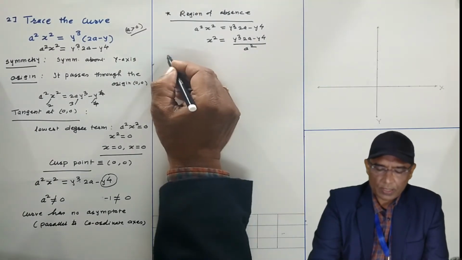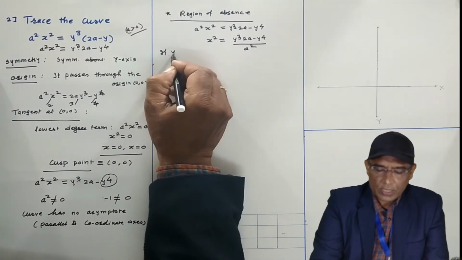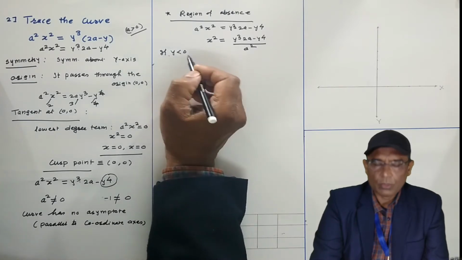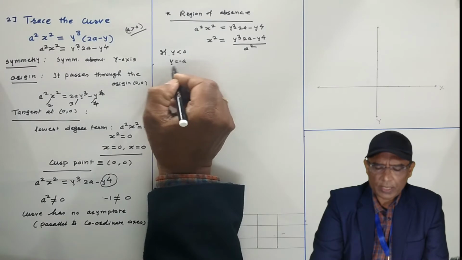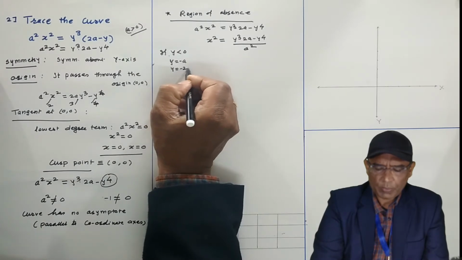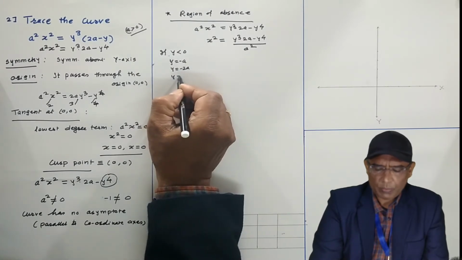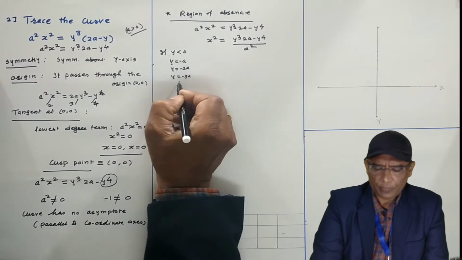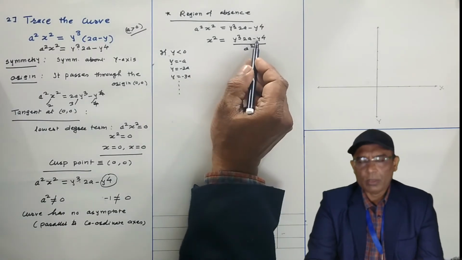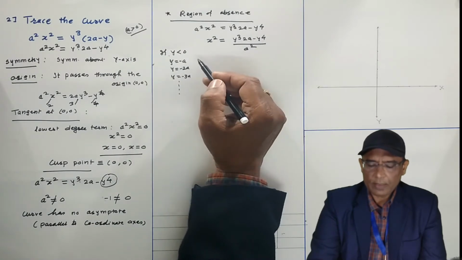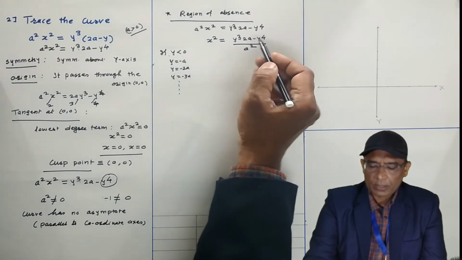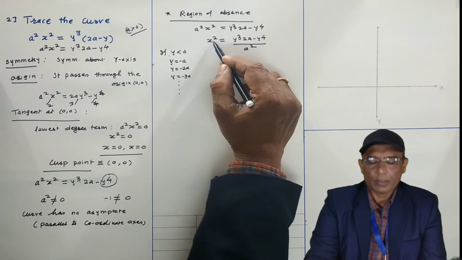If y is less than 0, meaning y is negative, such as y = −a, −2a, −3a, −4a and so on, then for negative values of y, x² will be negative.